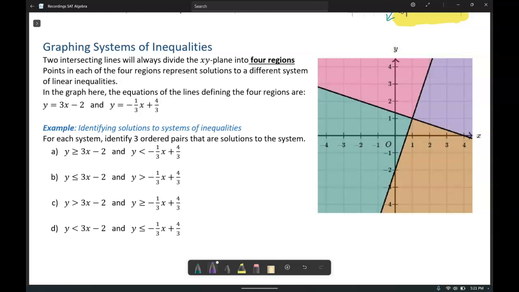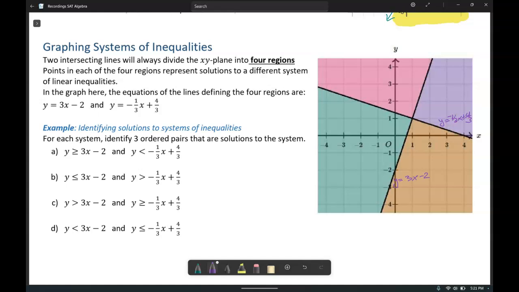In the graph here, we have the equations defining the 4 regions as y equals 3x minus 2, and y equals -1/3 x plus 4/3. Using this as a guide, we can look for the 4 different systems that we could have. There's some slight variation, so we could have more, but this generally covers all 4 regions.